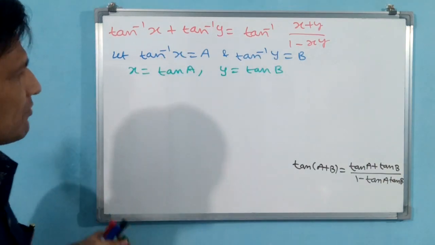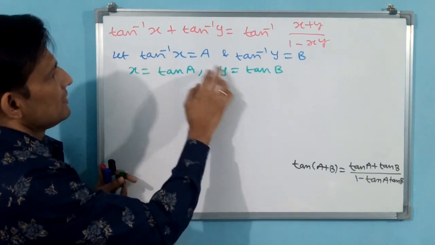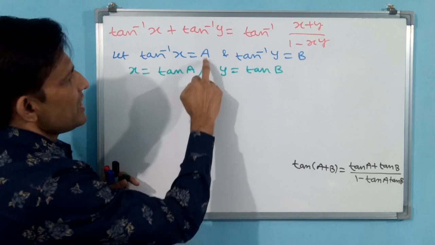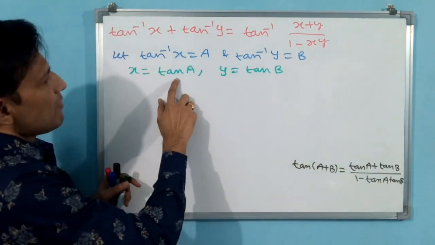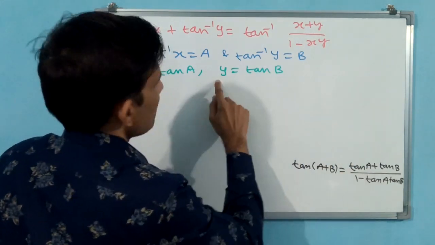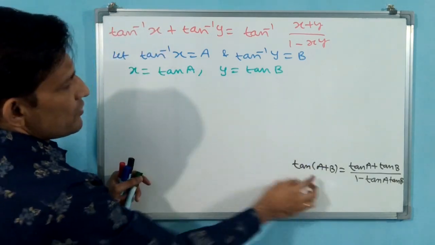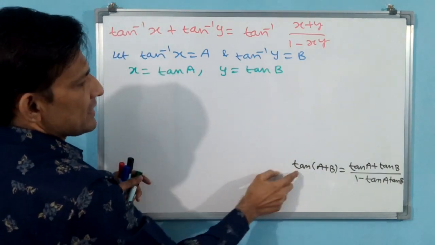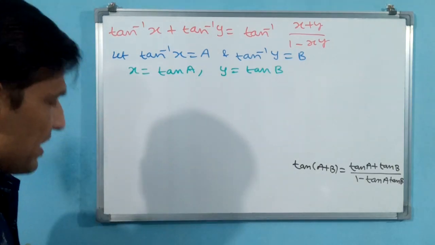That's all. Now what I am doing, see, I got x and y, a and b. Tan a means x, tan b means y. Here x, y I am writing. Here a plus b means tan of (tan inverse x plus tan inverse y). Like that I am going to write. Let us see how we are going to make it.